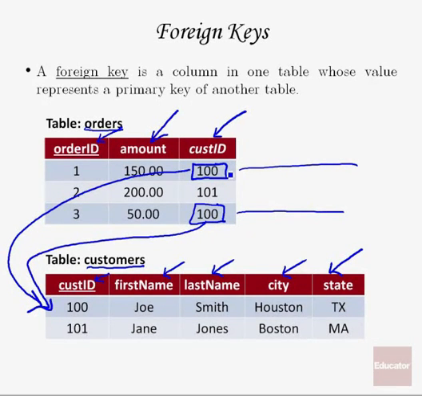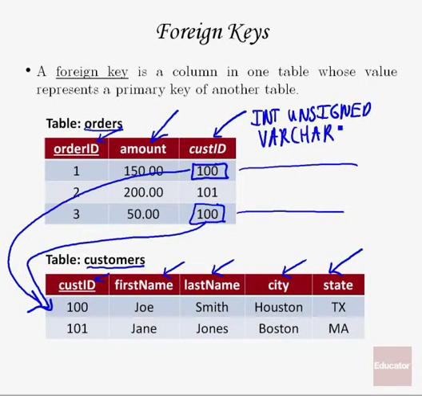So for example, if the customer ID primary key column of our customers table was an unsigned int, then you'd want the foreign key column to also be an unsigned int. You wouldn't want it, for example, to be a varchar. So you want the types of those to match up. And so that's how a foreign key can be used to link one row in a table to a row in another table.